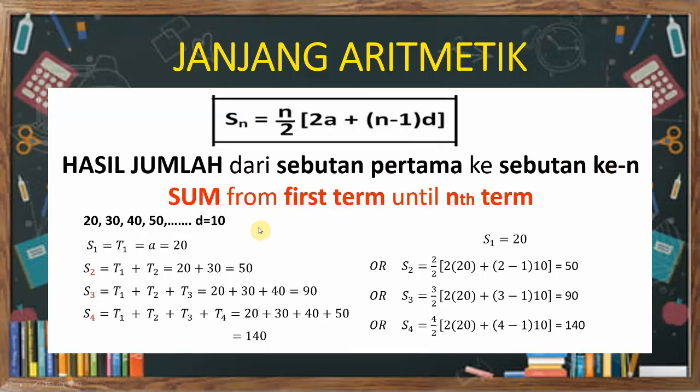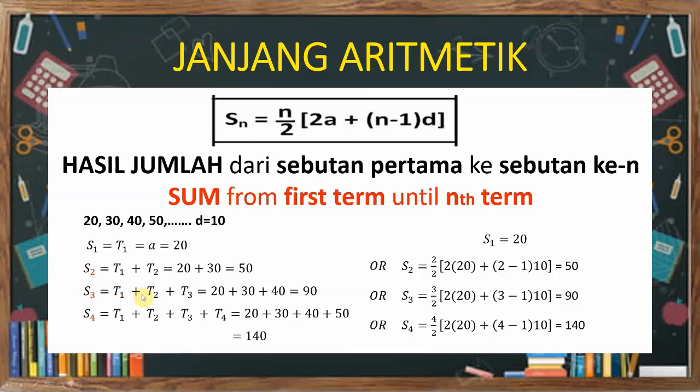Okay, let's see how it works. I use back the same example, 20, 30, 40, 50, and d is equal to 10. If you would like to find S1, the sum of the first term, it is also 20. S2 adds the first and second terms, 20 plus 30, which is 50.